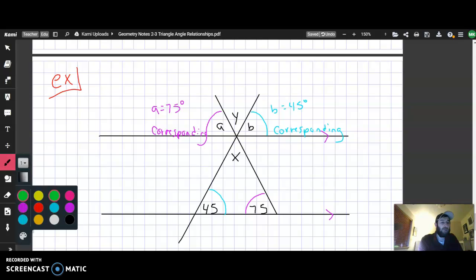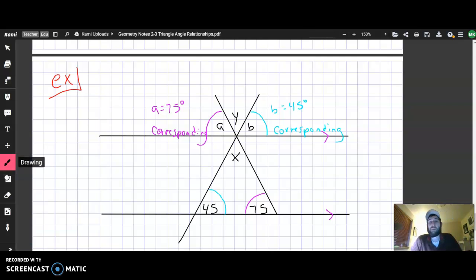Our triangle sum theorem tells us that all three angles added up equals 180 degrees. So by the triangle sum theorem, again, I'm abbreviating it here, we know that x plus 45 plus 75 will equal 180. So let's go ahead and solve.